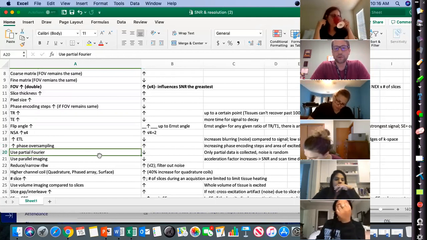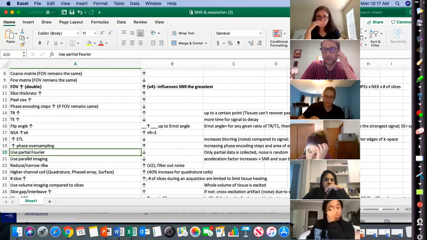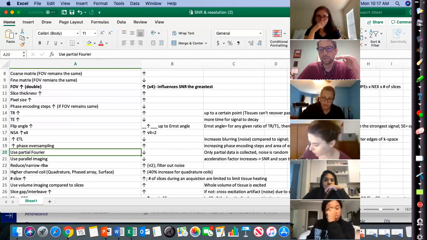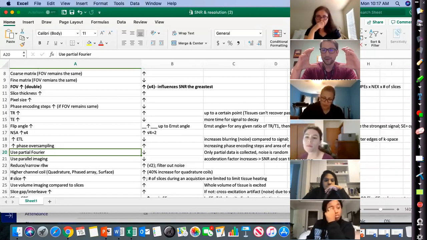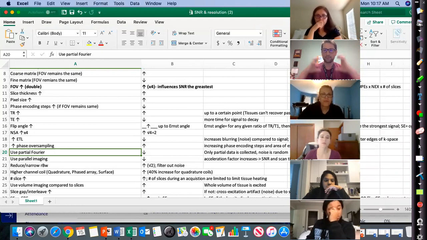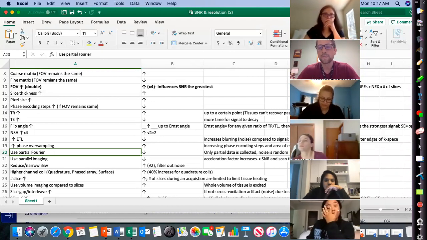Using partial Fourier. I don't know if you guys remember this from K-space and talking about the different ways that we fill K-space. Partial Fourier basically means we fill an area of K-space, and then since K-space is symmetrical, we just copy and paste it down in the other part of K-space to fill it faster.